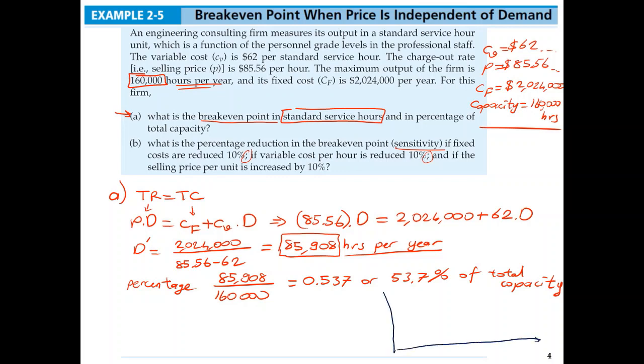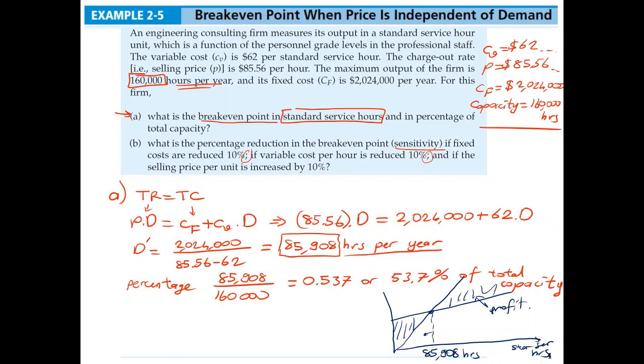This is the standard service hours, and we have this total revenue, and we have this total cost, and the break-even point appeared at this point, 85,908 hours. If the standard service hours is less than this value, we are losing, otherwise we are making profit. This is what we found until now.